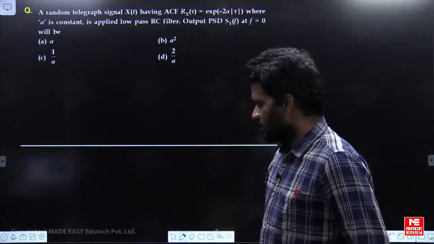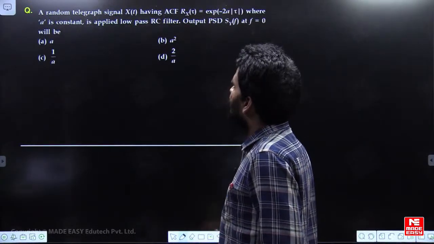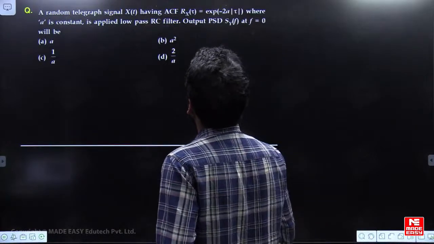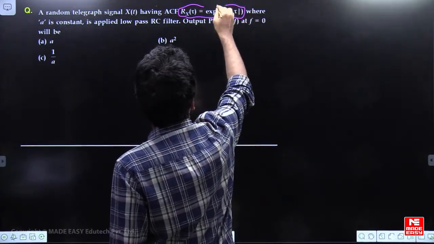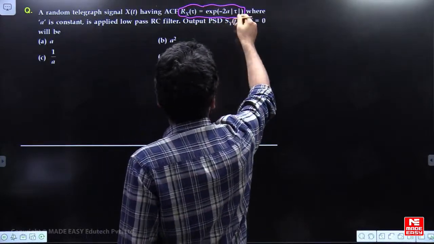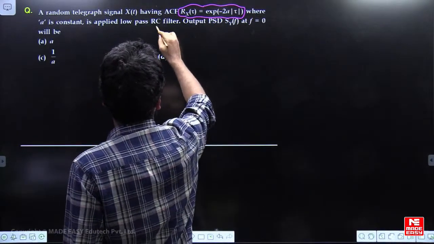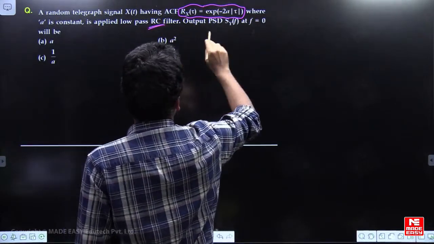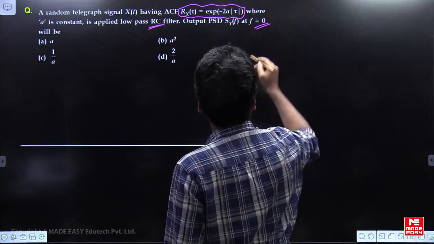If you see this question here, a random telegraph signal x(t) having ACF, the autocorrelation function of a random signal, given by e power minus 2a mod tau, where a is a constant, is applied to a low pass RC filter. The output PSD S_Y(f) at f equal to 0 will be.